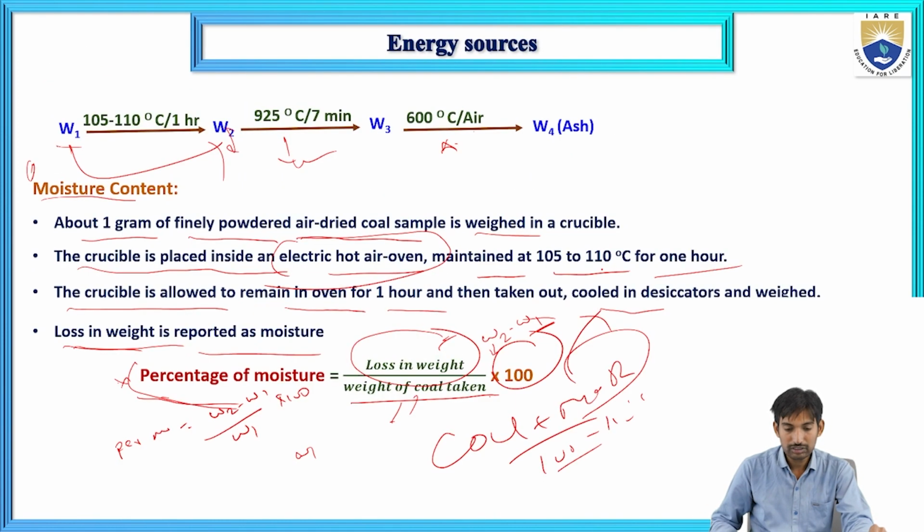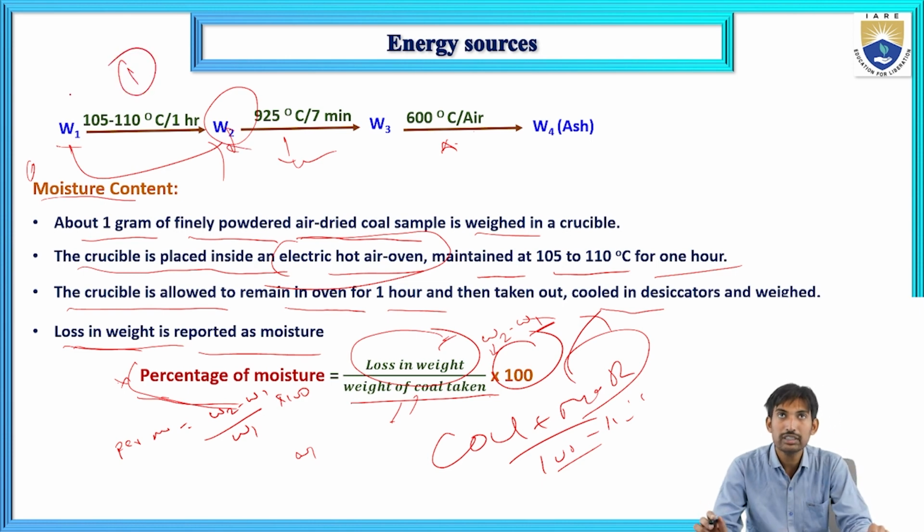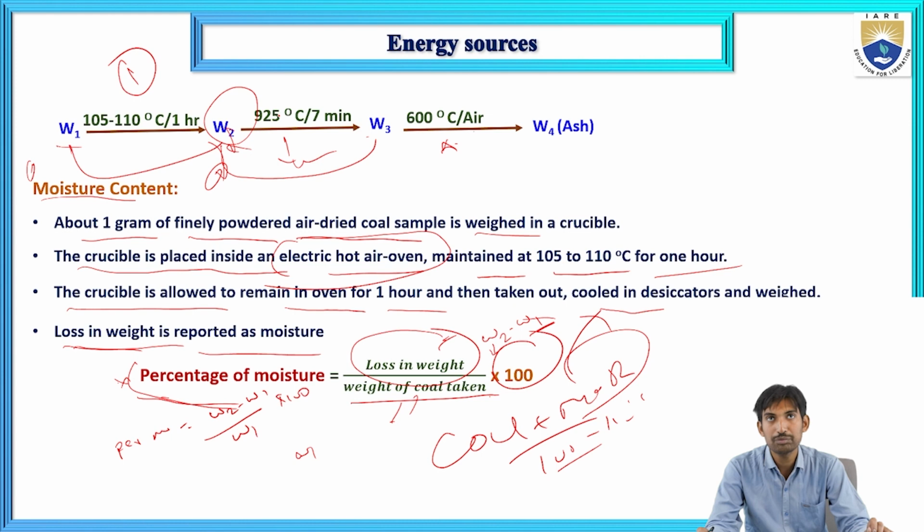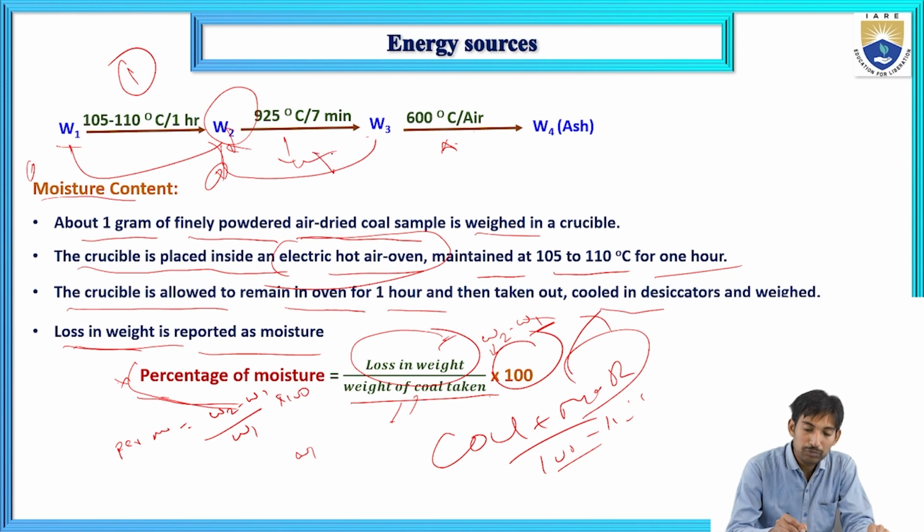In the previous step, W2 was obtained from W1 in the first case. In the second case, what happens if you heat at 925 degrees centigrade for 7 minutes? If the coal contains any volatile matter, that will be removed at 925 degrees centigrade in 7 minutes.